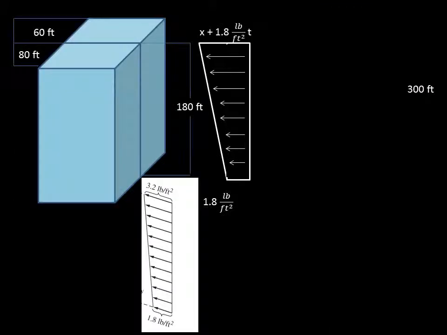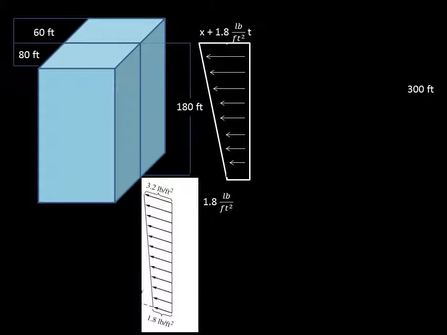Now, let us evaluate the distributed load on our larger prism. As we can see, we don't know the value of the distributed load at the 180 feet altitude. We will have to establish a relationship for the distributed load. First, let us separate the rectangular component of the distributed load from the triangular component.